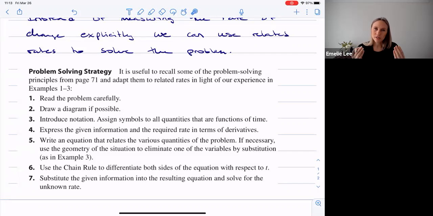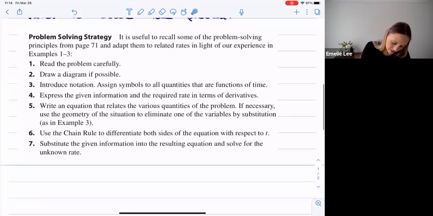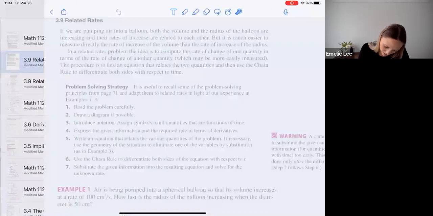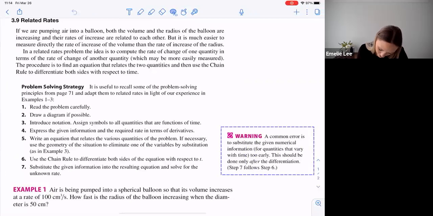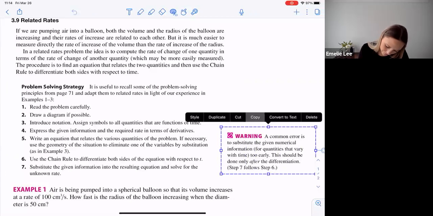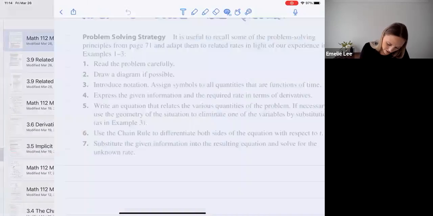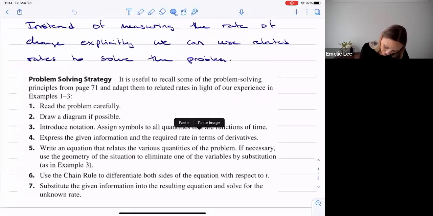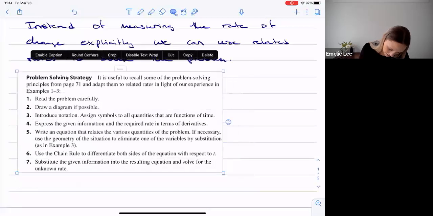You're going to differentiate both sides of the equation, and it's not until the very, very last step that you can substitute in the given information and solve for the rate that you're interested in. And so what I want to do is I also have a little warning here on the handout that I do want to grab here, maybe shrink this up just a bit.